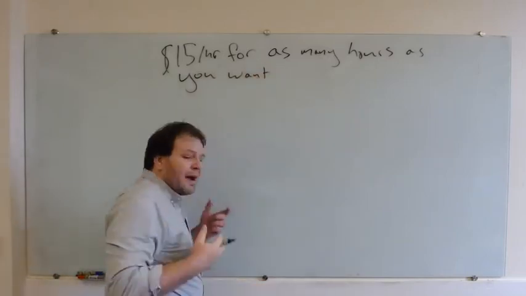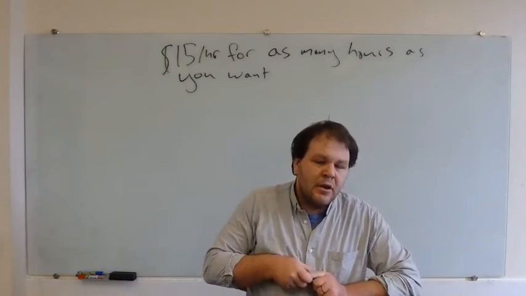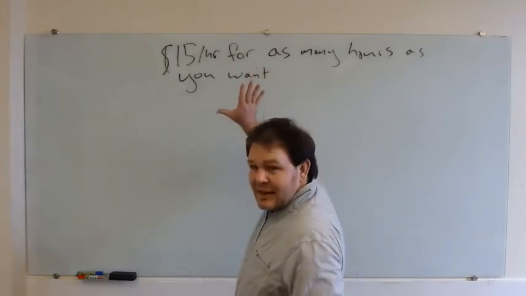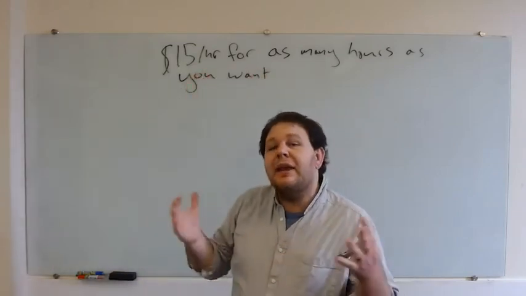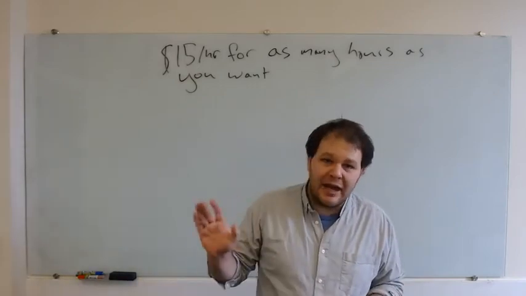So you can work 24 hours a day if you want, or you could work no hours a day. So the first thing to think about is, if we have this ability to work as much as we want, why wouldn't we work 24 hours a day every day for the rest of our lives?